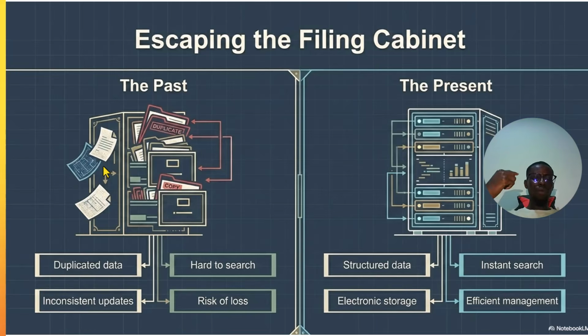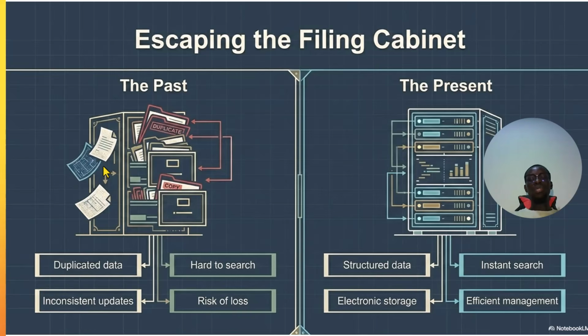You would have duplicated data, because the same data that you have here about John, you would have the same data at another place about John, making data multiple-fold, talking about the same thing. So duplicated data is one of the things that was done in the past.